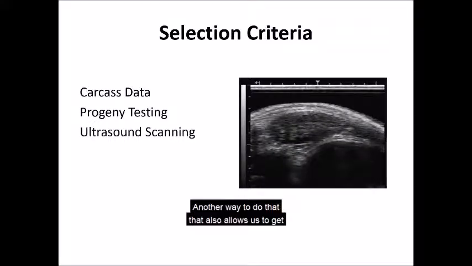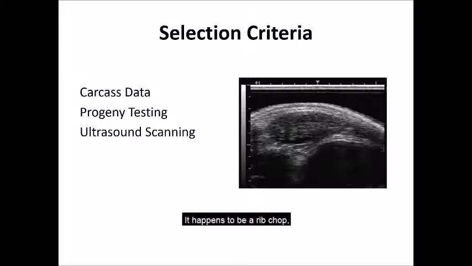Another way to do that also allows us to get information on the live animal is with ultrasound scanning, where I've done a lot of work over the course of my career. Measurements taken in potential replacement ram lambs or potential replacement ewe lambs. And this is an image from an ultrasound machine. Hopefully you can recognize as a lamb chop.